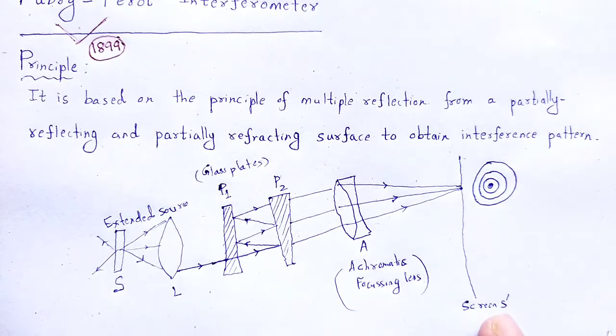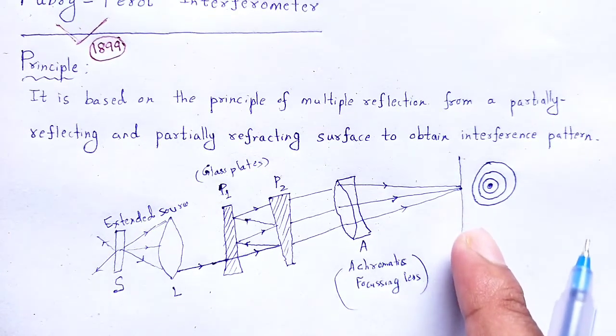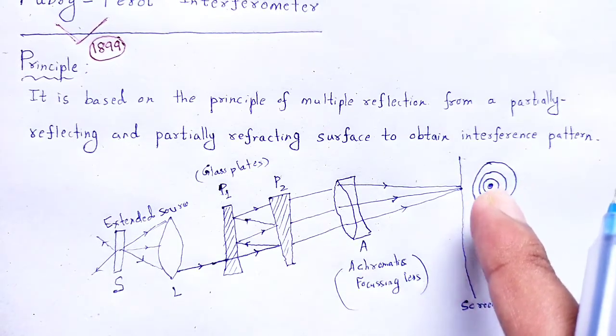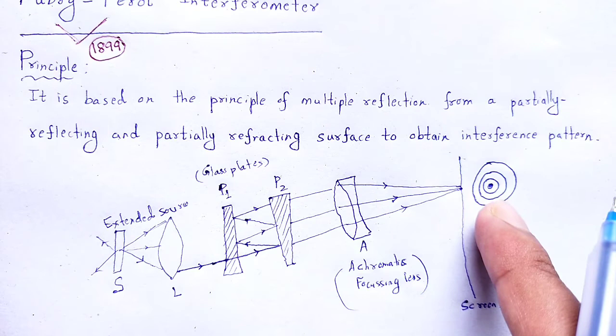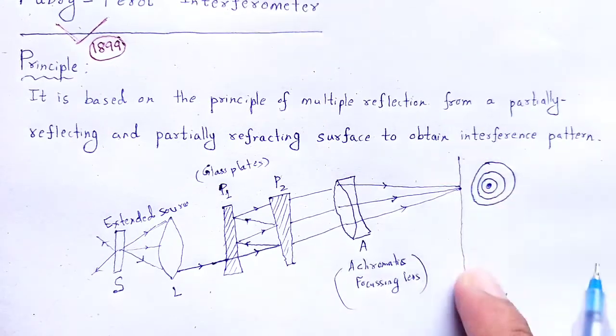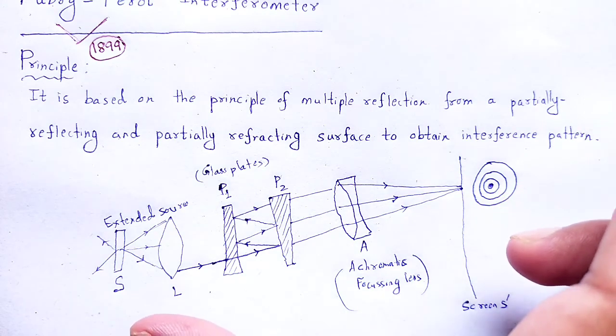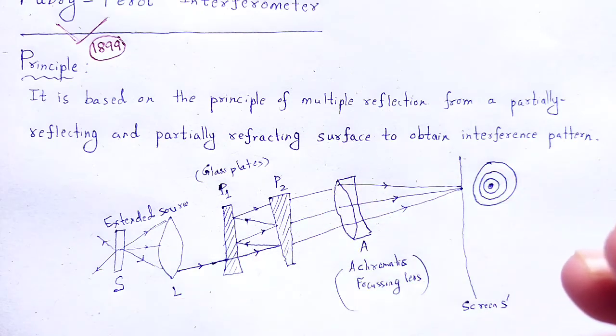On the screen, the fringe pattern consisting of alternate bright and dark circular fringes with center on the optical axis is formed. This is the experimental setup of Fabry-Perot interferometer.